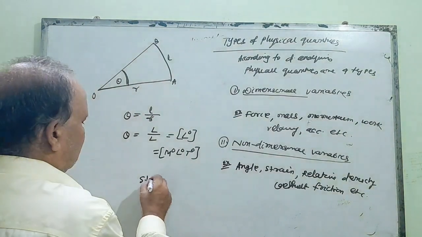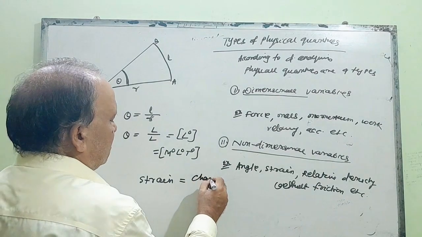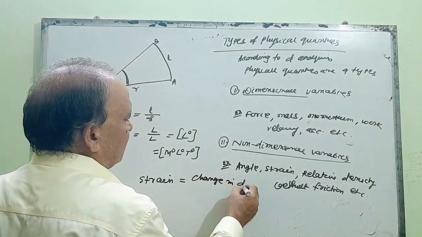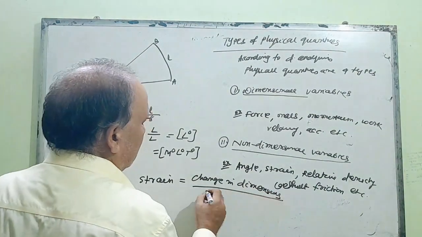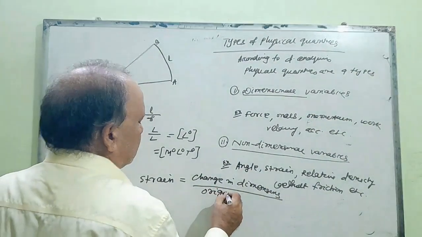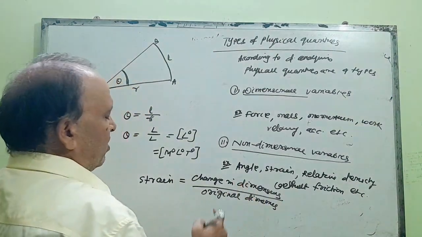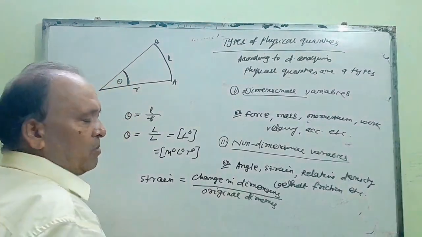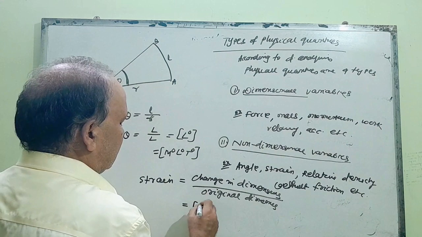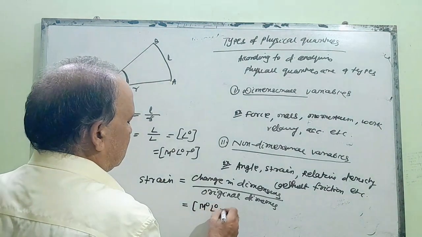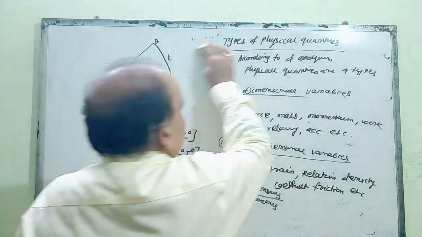Then strain. What is strain? Strain means change in dimension by original dimension. We can say change in length by original length, change in volume by original volume, change in area by original area. So it is also length by length. Its dimension is also M0 L0 T0. Next, come to your relative density.